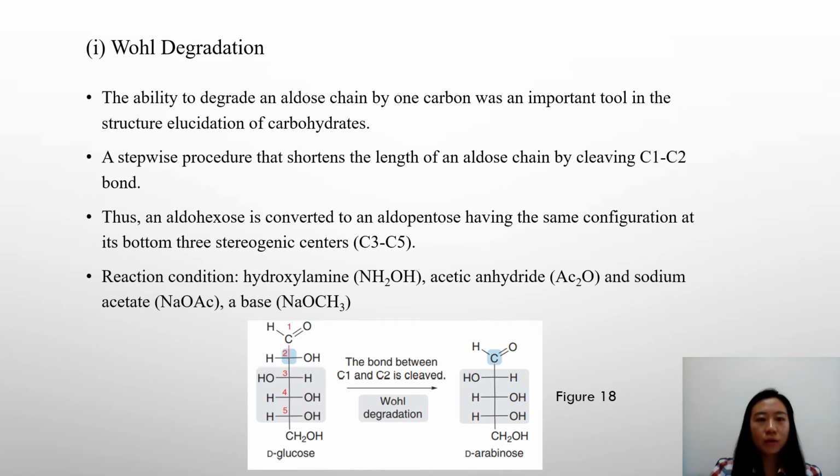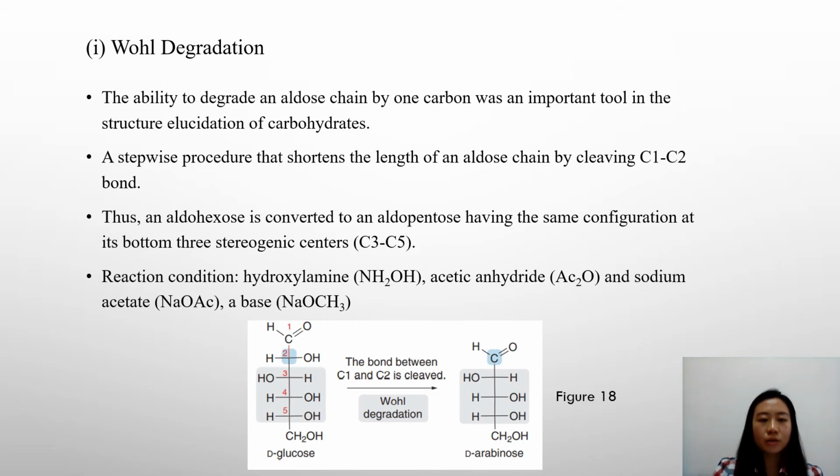Okay, now we are looking into Wohl degradation first. The ability to degrade an aldose chain by one carbon was an important tool in the structural elucidation of carbohydrates, a stepwise procedure that shortens the length of an aldose chain by cleaving the C1-C2 bond. Thus, an aldohexose is converted to an aldopentose having the same configuration at its bottom three stereogenic centers, C3 to C5.